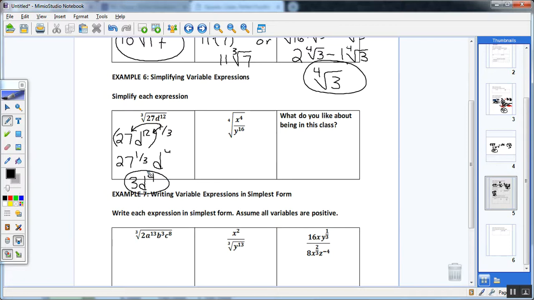Okay, you guys try the next one on your own. The 4th root of x to the 4th over y to the 16th. You should easily get this. You're going to rewrite that as x to the 4th over y to the 16th to the what power? Because that's a rule that says if your index is 3, it's the same as taking it to the 1/3 power. Okay?